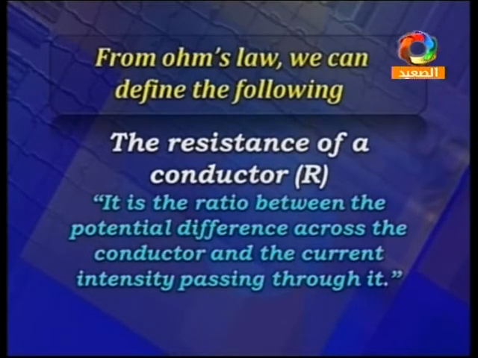If you have a question to define R or the resistance according to Ohm's law, it is the ratio between the potential difference across the conductor and the current intensity passing through it.